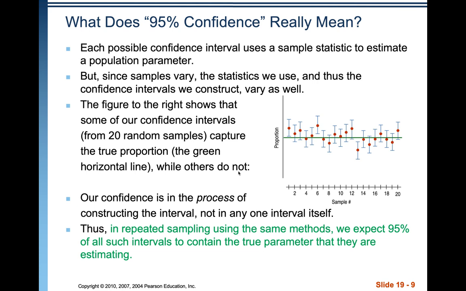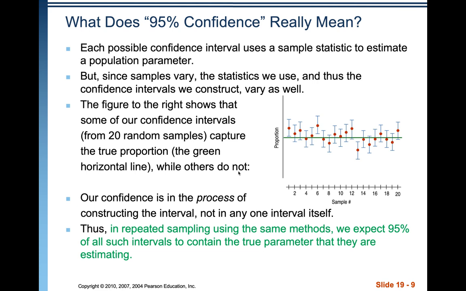Okay, so let's talk about what 95% confidence really means. Each possible confidence interval uses a sample statistic, in this case p hat, to estimate a population parameter, in this case the population proportion, p. But since samples vary, the statistics we use and thus the confidence intervals we construct vary as well.